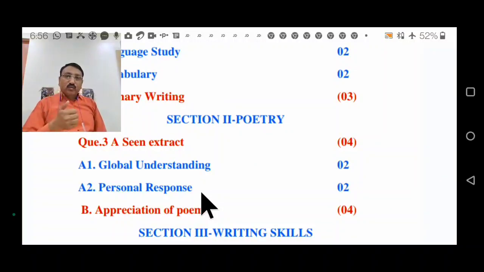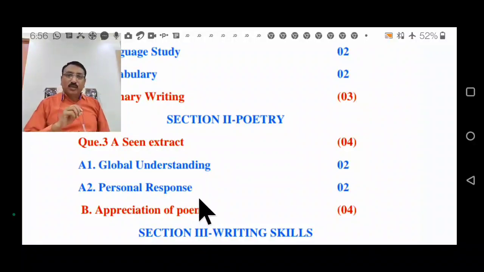I would like to mention one significant point here in the appreciation of the poem. The extract only is given in the activity sheet without the title of the poem. So on the basis of the given extract of the poem, the students are expected to find out the title of the poem.